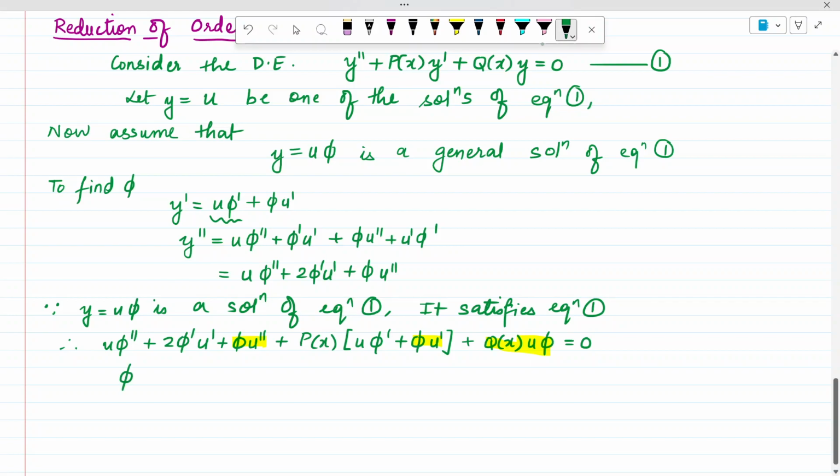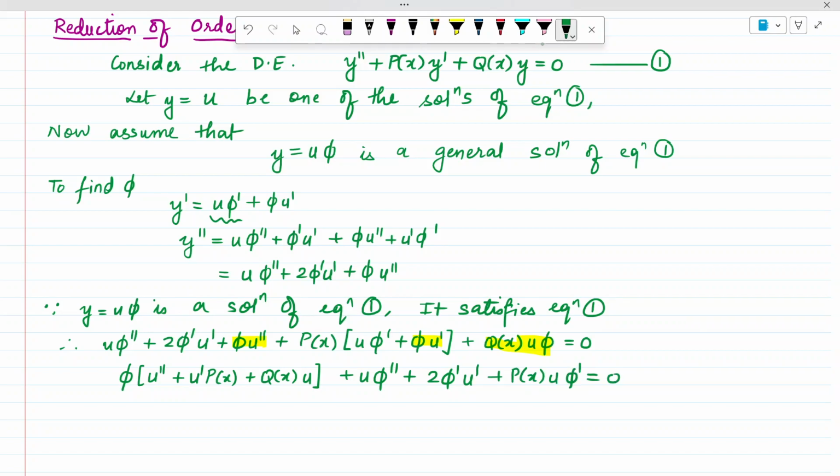We can take phi common from all three: u double dash, u dash times p of x, because p of x is outside the bracket, and q of x into u. These are the 3 highlighted terms, and I'll write the remaining terms as they are. There are 6 terms: 3 in the first bracket and the remaining 3 outside the bracket.